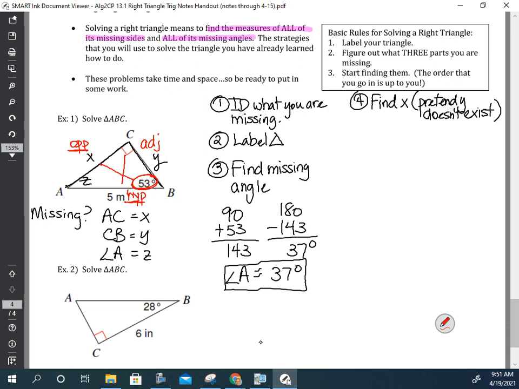If y doesn't exist, that means the adjacent doesn't exist. We have opposite and hypotenuse, so it's sine. Sine of the angle equals opposite over hypotenuse. So we fill in what we have. Sine 53 equals x over 5.